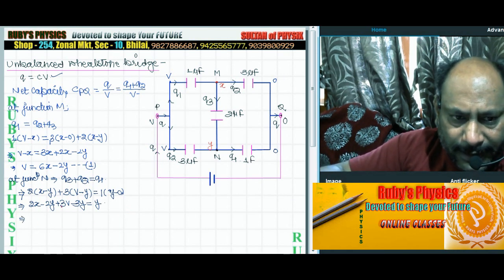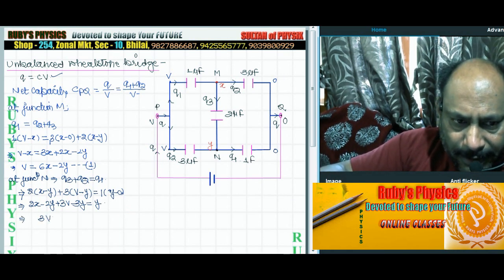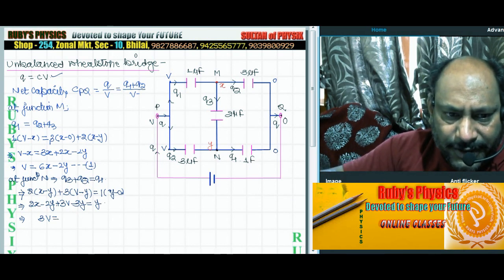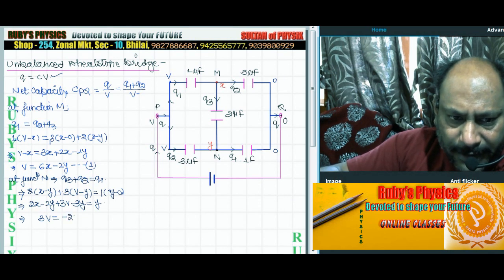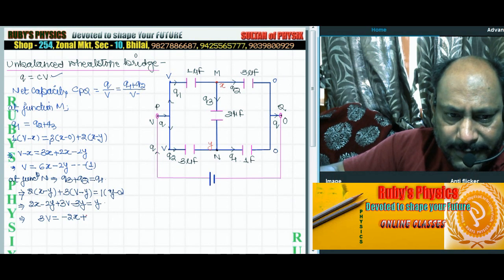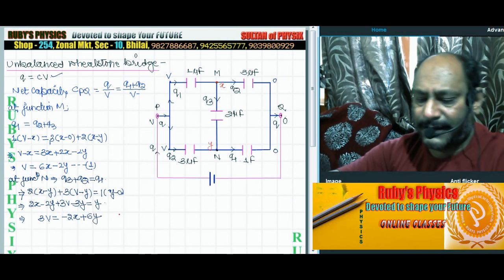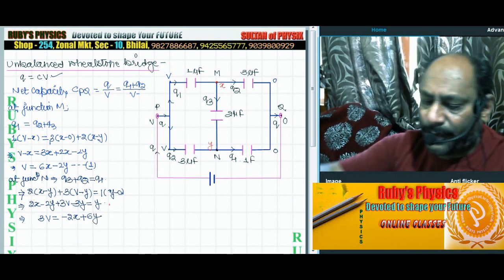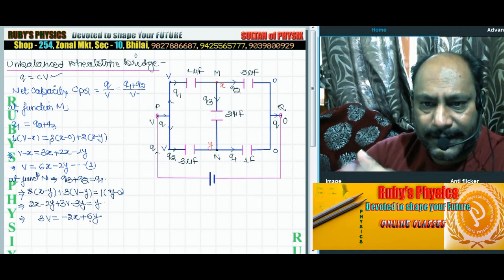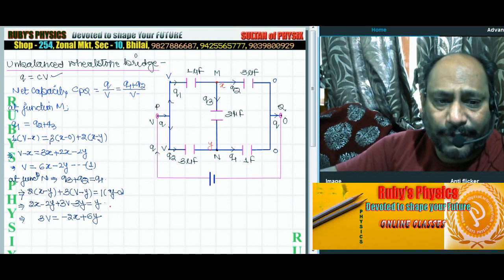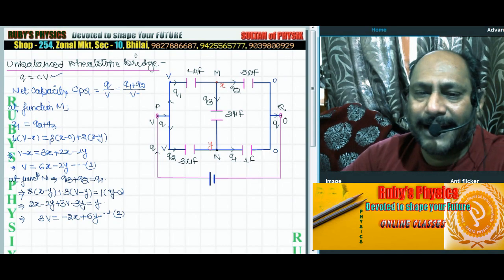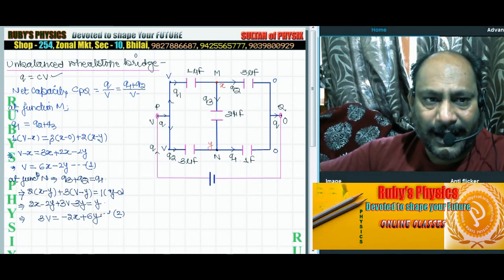So can I write 3V here, and if I transfer X towards the right side it becomes minus 2X, and Y, 3 plus 2 plus 1, it is plus 6Y. So it is the equation that 3V equals minus 2X plus 6Y. Is that clear? Now we have to solve these two equations to obtain the values of X and Y only. Clear?